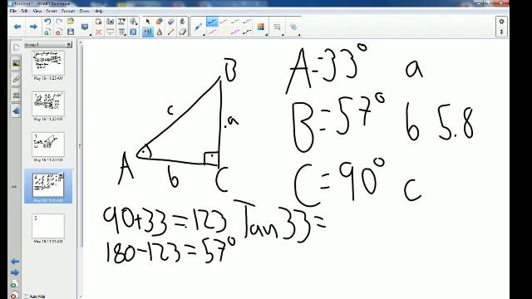So then we're going to go back to our calculator and find tan 33.